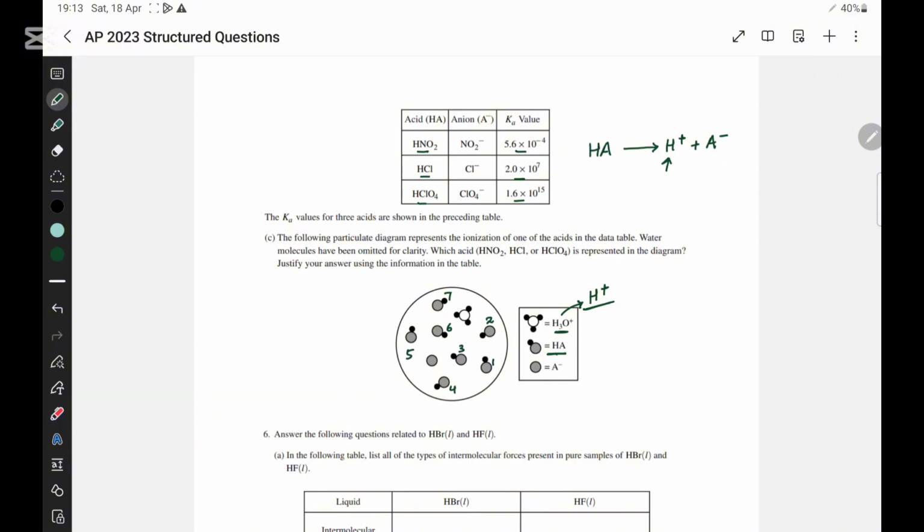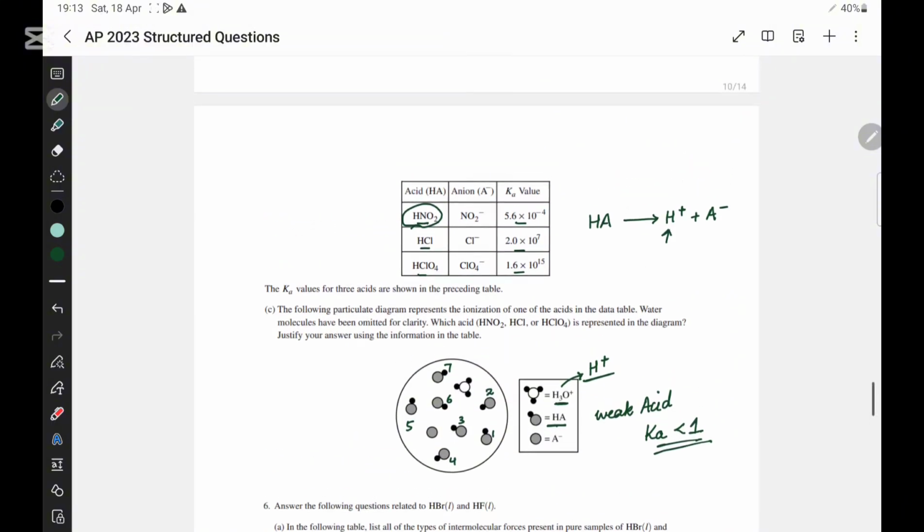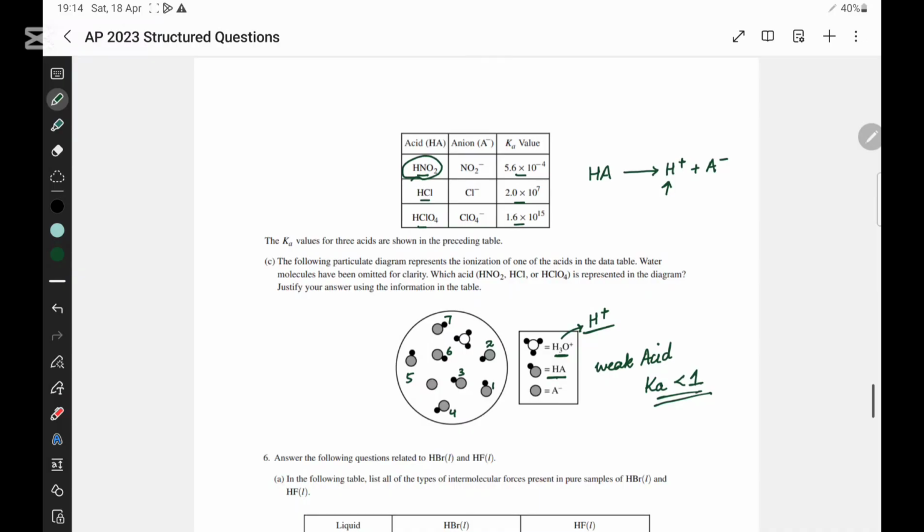So we can see that most of the acid is present in unionized form. That indicates that this is going to be a weak acid. Weak acids are going to have a Ka value less than 1. So which has a Ka value less than 1? That is going to be HNO2. That represents this weak acid.